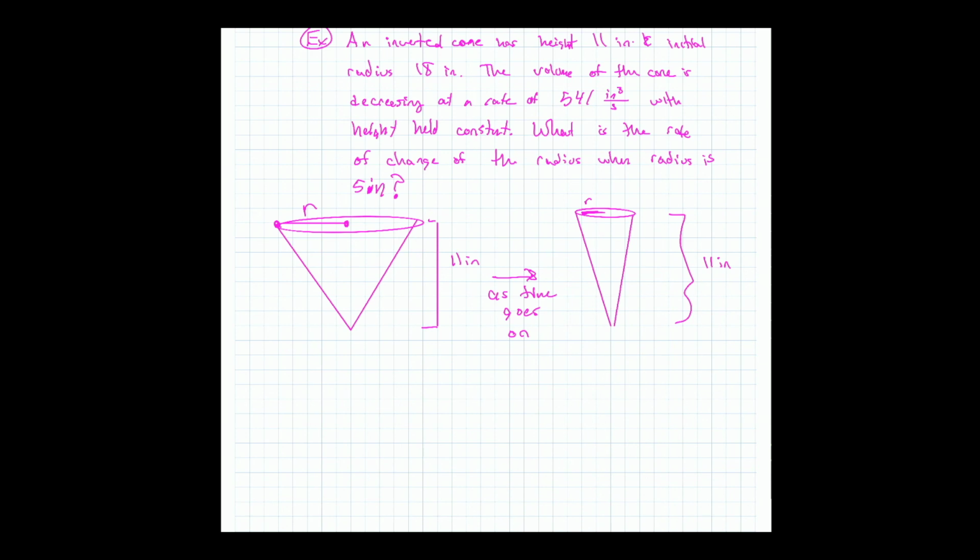So luckily for us, here's what they tell us. They say V is 1/3 pi r squared h. So they're nice enough to give us the equation. So this is just given as the equation. When they give you a complicated shape, they just tell you the volume of it, so you don't have to go look up the volume of a cone.